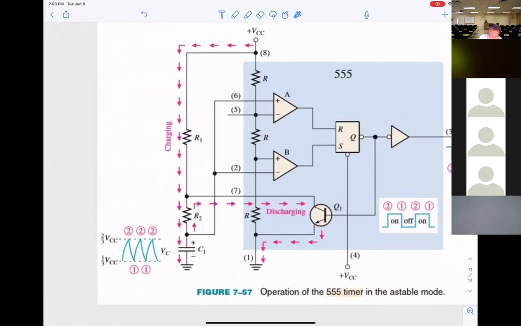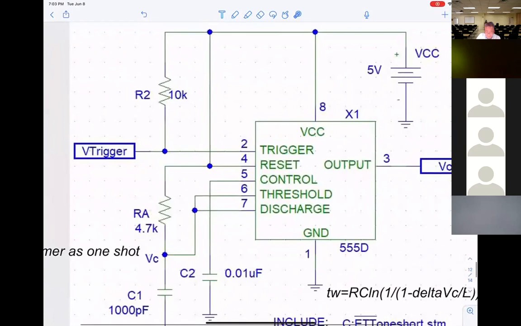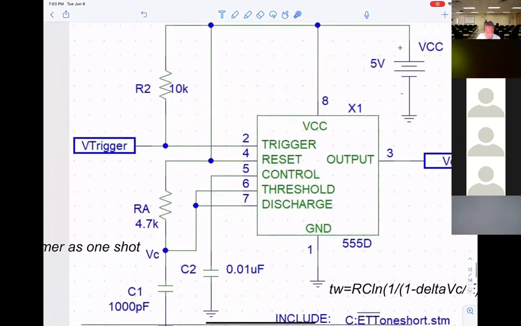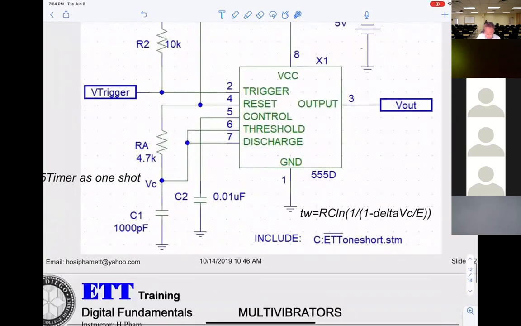Okay, and they will also tell you here the VC. And when we do a simulation, you can see exactly what we're doing.